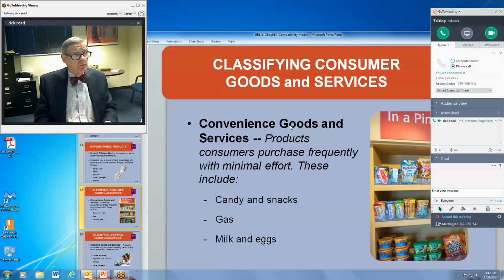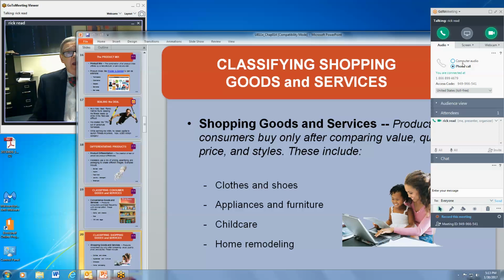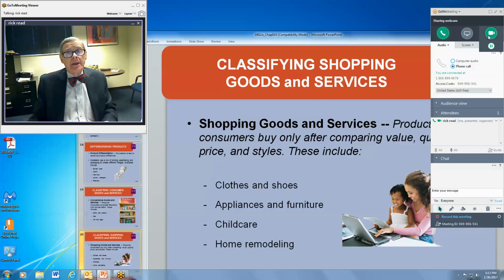There are other ones that do as well. So I don't consider gasoline in the same category, but you could put it in that category if you want. So we're going to buy these things, but we're not going to put a lot of thought into how we decided to buy them.